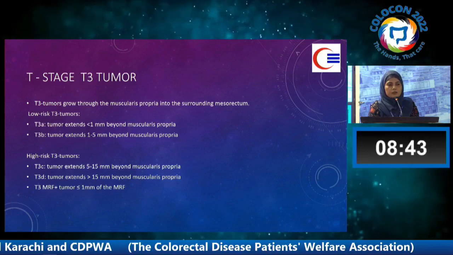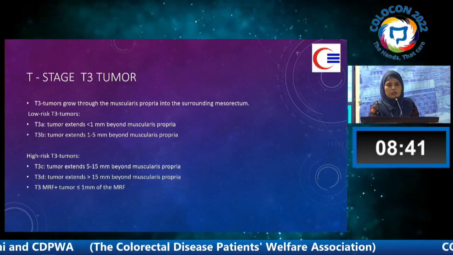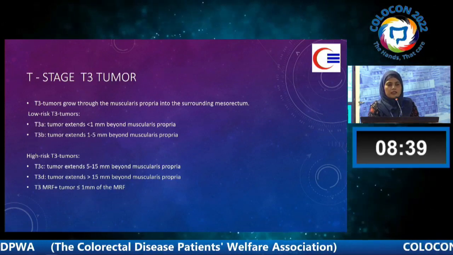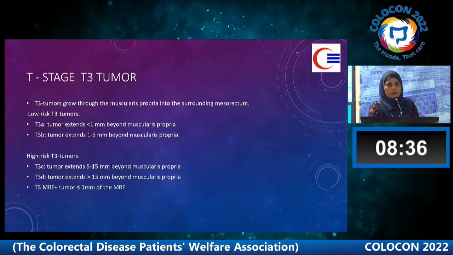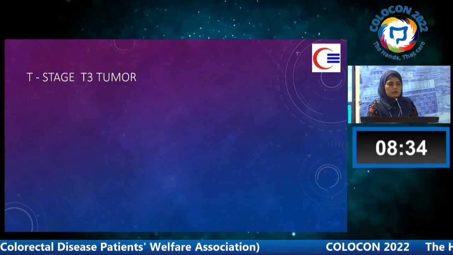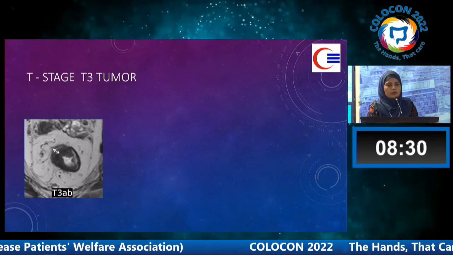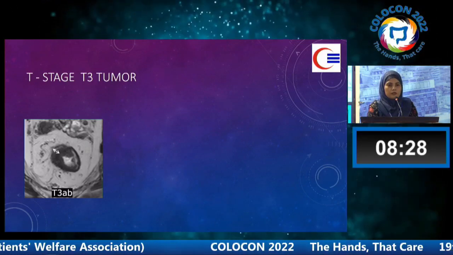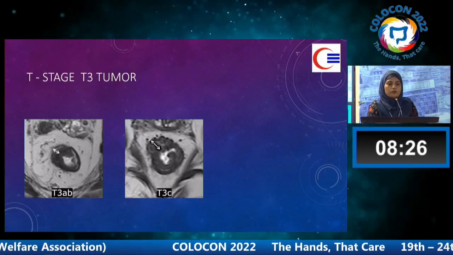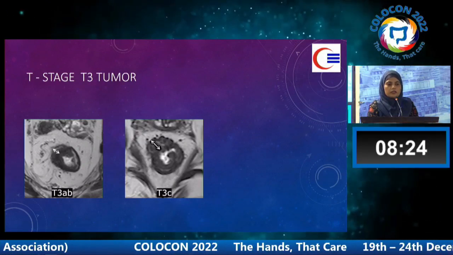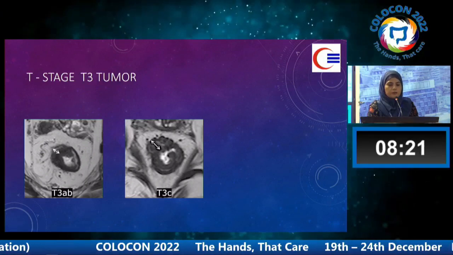Then comes T3 tumor, which is the tumor that crosses the muscularis propria. It is again categorized into A, B, C according to the depth of invasion. These are a few examples. T3AB is beyond the muscularis propria from 1 to 5 millimeter. If it goes 5 to 15 millimeter beyond the muscularis, it is a T3C tumor.